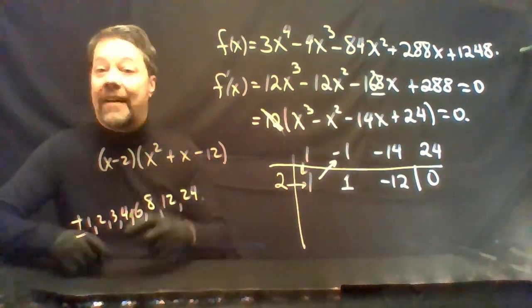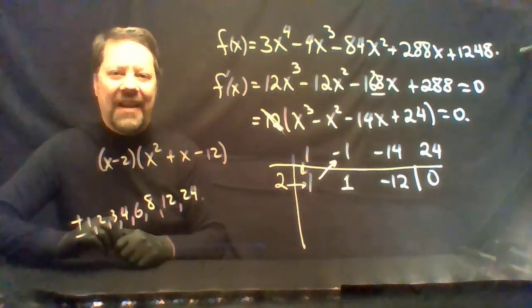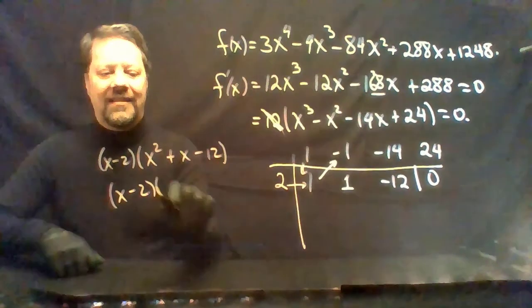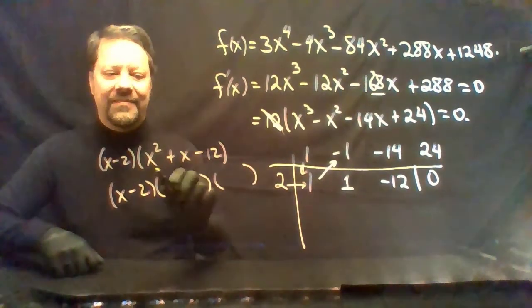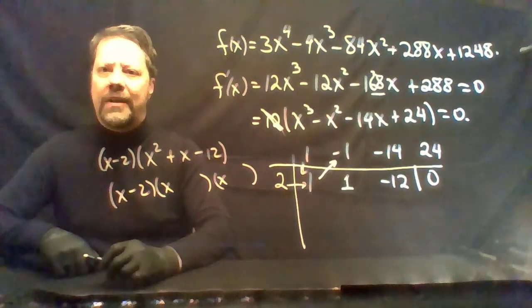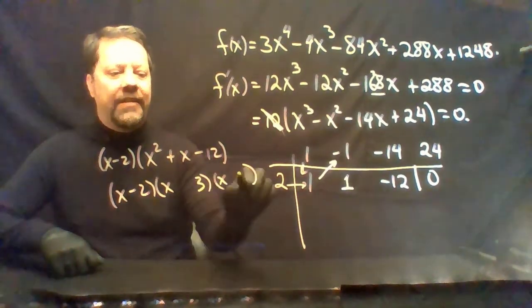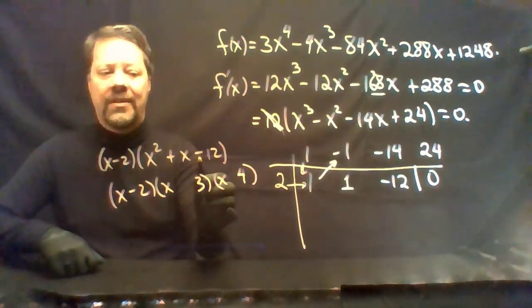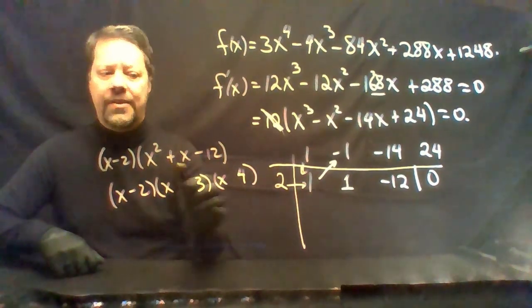The rest of this we can do pretty easily. All we have to do is factor a quadratic, and we can do that very well. To factor the quadratic, we'll have x, and then the factors of 12 that will work, 3 and 4. They will have opposite signs, 1 plus, 1 minus, and the larger one will be plus.